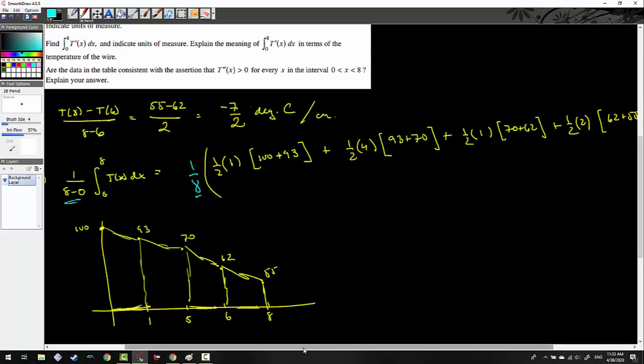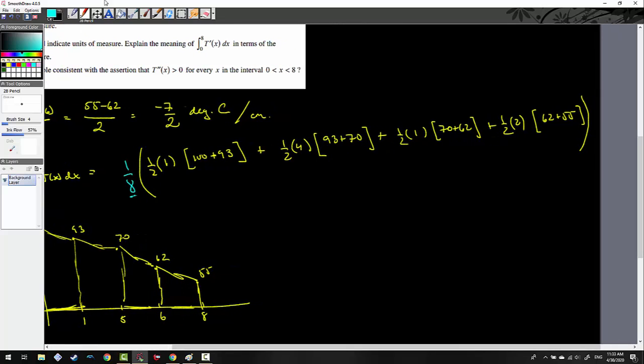And since it says indicate units of measure, that would be in degrees Celsius. If you wanted an answer, you could punch it into the calculator. After adding all this stuff up, you end up getting 75.6875.